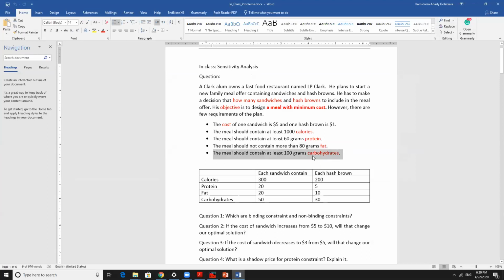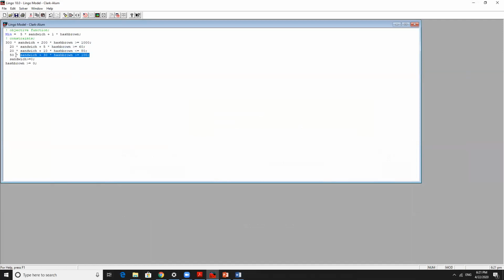It should be more than 100 grams of carbohydrates. Also, I put 2 extra constraints. We know that the number of sandwiches and hash browns should be at least 0. It doesn't make sense to have negative sandwiches.